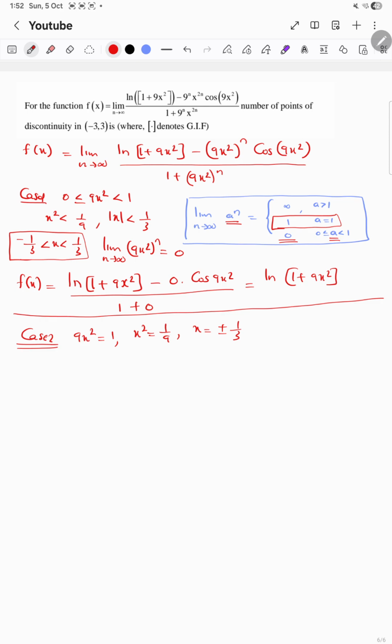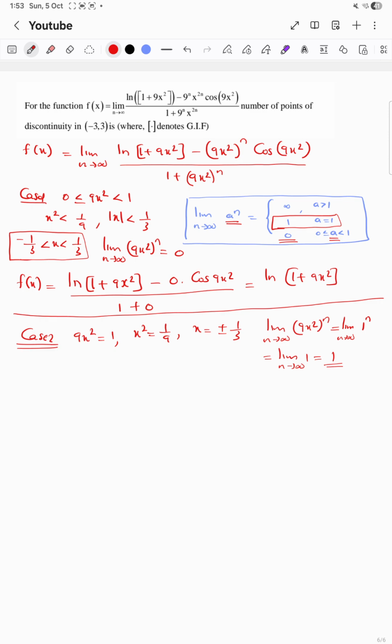Now what we need to do? What will be this limit? What will be this limit? It will be limit n tends to infinity 1 raised to n. Now what is that? This is not 1 raised to infinity form. This is just 1. Okay. Why it is not 1 raised to infinity form? Because you can draw the graph of 1 power n. It is always 1. That's why.